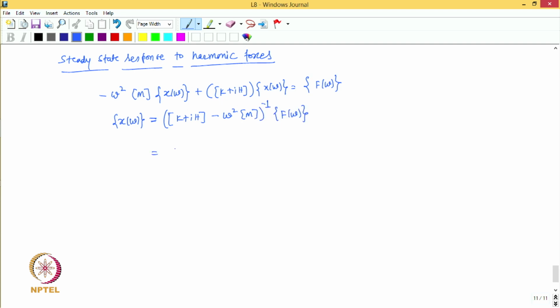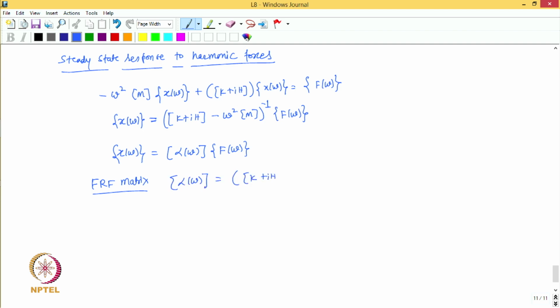And this matrix, as we have done even for the case of undamped systems, can be represented by matrix alpha, which is the frequency response function matrix, times f of omega. Therefore, the frequency response function matrix alpha omega is equal to the inverse of the dynamic stiffness matrix.